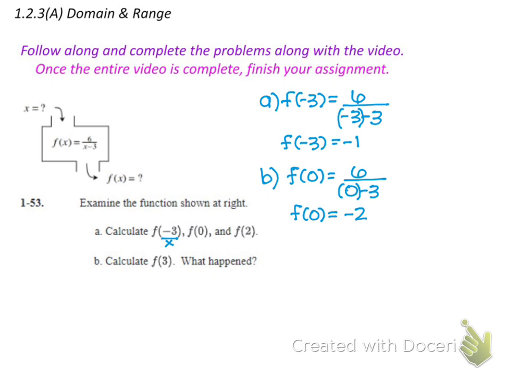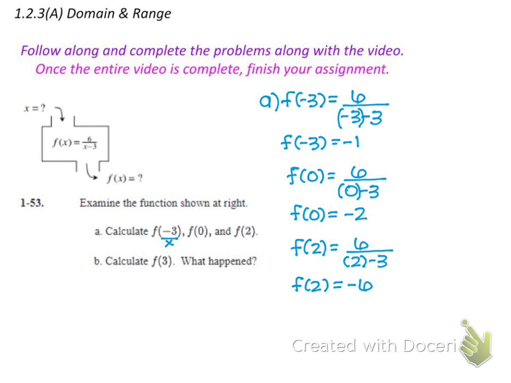You should have gotten -2. Okay, moving on to the third part in A, we want to do f of 2. 6 over 2 minus 3. When we type that in, you should have gotten -6.